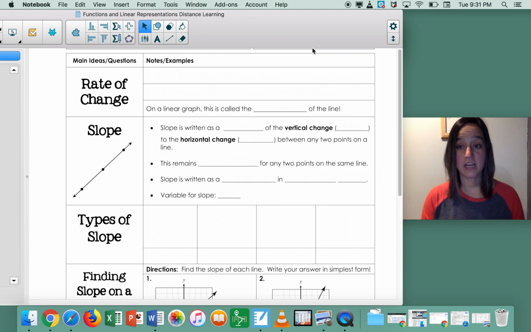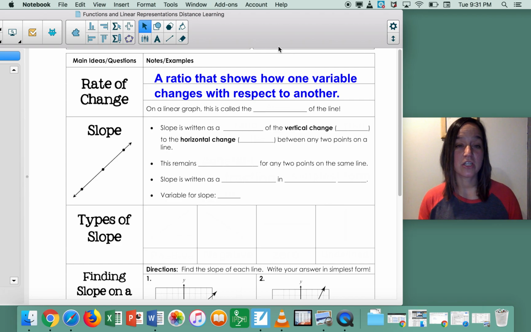For today, we're going to be doing this rate of change and slope that we started talking about right before we left. We talked about how they are actually the exact same thing. Rate of change is basically a ratio, which means it's a fraction.